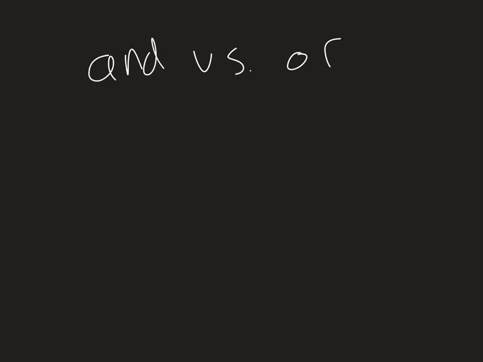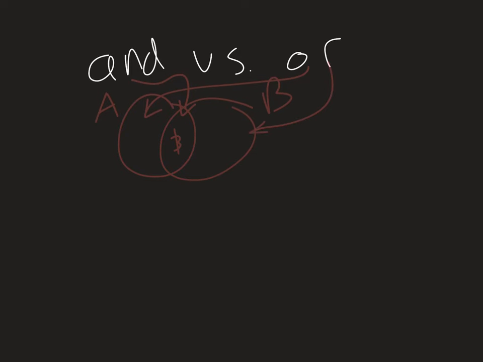So if we're looking at a Venn diagram just in general, let's say this is A, and this is event B. And we are just looking at the middle. Or could be over here, could be just in B but not in A, and it could be in the middle. We're looking at the inclusive or in this case.